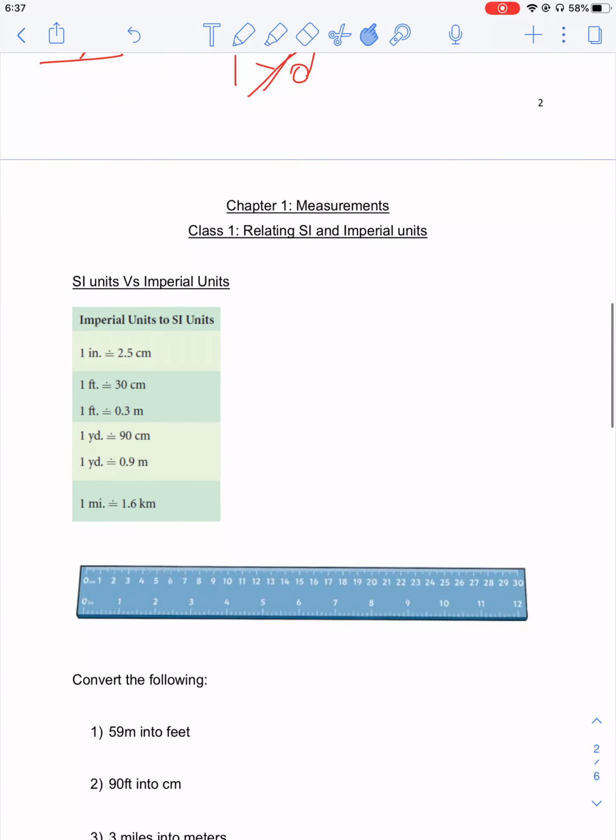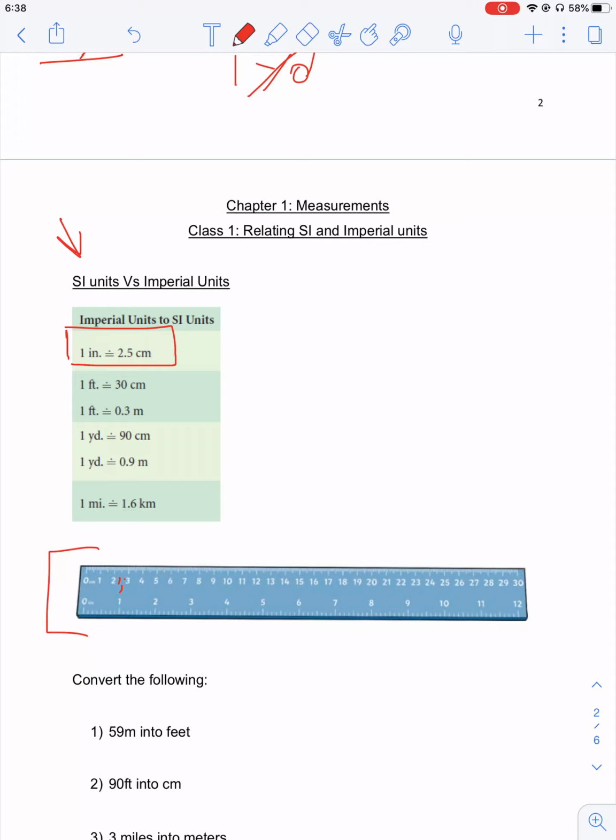Okay. Now here in this table, we are relating SI units to imperial units again. And again, if you look very closely at the ruler that you have, you'll see that if you align it, it aligns with 2.5. So this tells you that 1 inch is actually 2.5 centimeters. Now, it's not exactly 2.5.